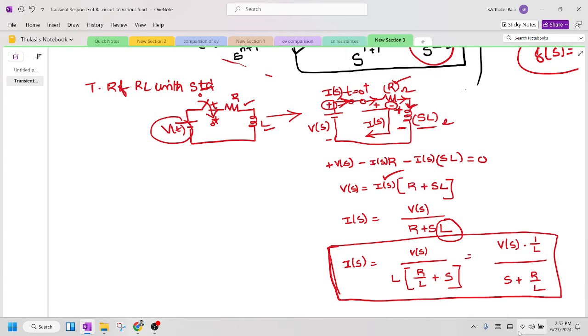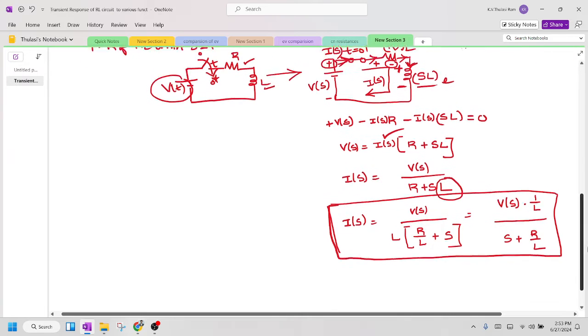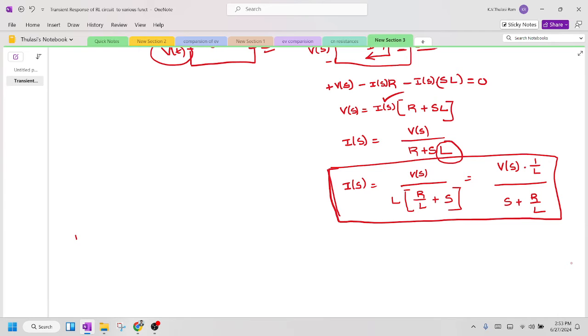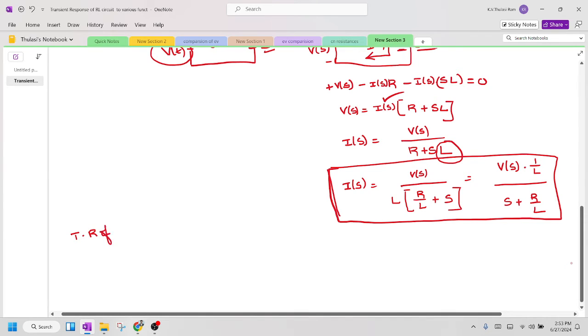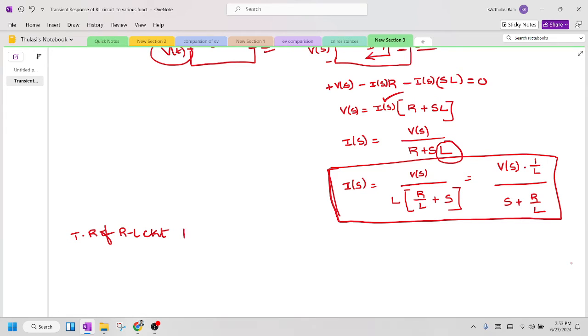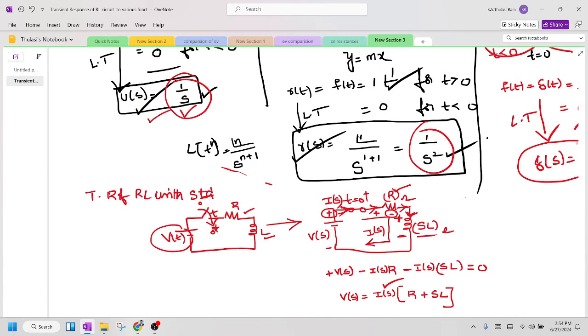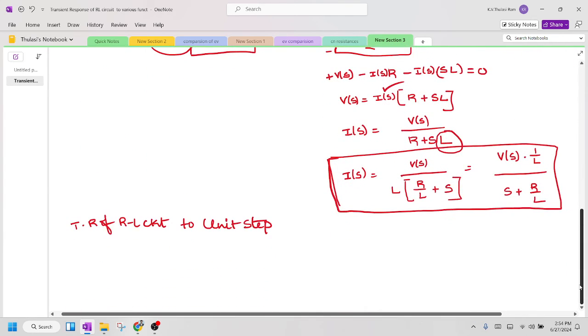Let's move forward and apply the concept for a unit step. We are going to find out the transient response of an RL circuit to the unit step function. We already defined the unit step function as U of S is equal to 1 by S. Now substitute U of S, which is the input signal.